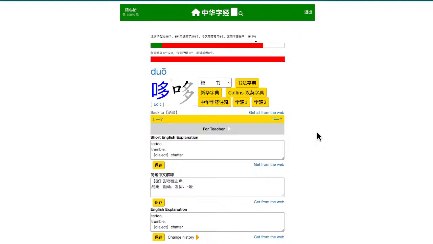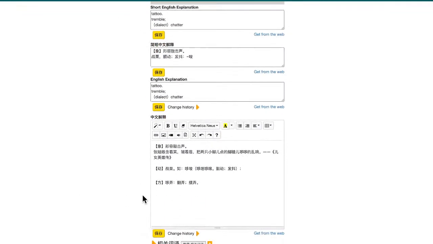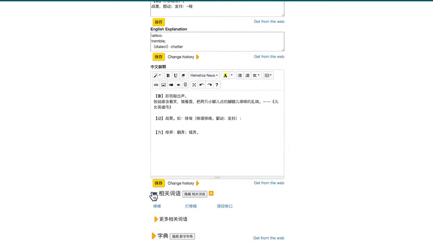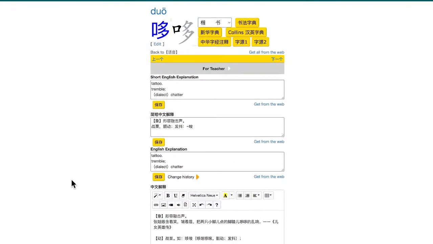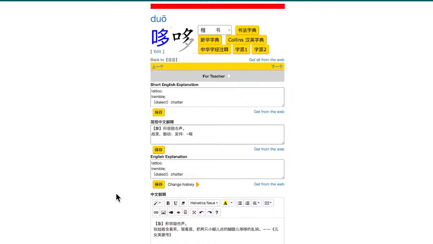Next one, 哆. 哆 is an onomatopoeia, okay. It tries to describe a certain type of sound, a beating sound. But this is a character used in a very common word, 哆嗦. 哆嗦 means tremble, means shake, means quivering, okay.